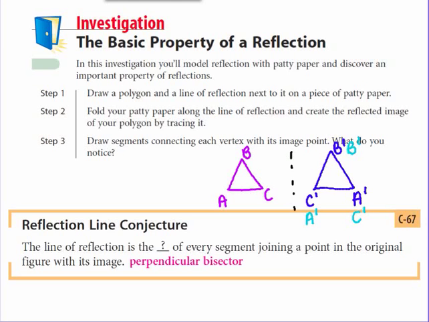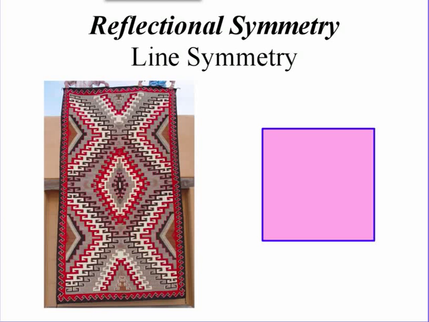So let's go ahead and look at the next slide. Reflectional symmetry is also known as line symmetry. You see line symmetry a lot of places. Basically, line symmetry is if we could draw a line in a figure, it's going to be the mirror image on either side. So if I look at this Navajo rug, where could I draw a line in so that it would have line symmetry?